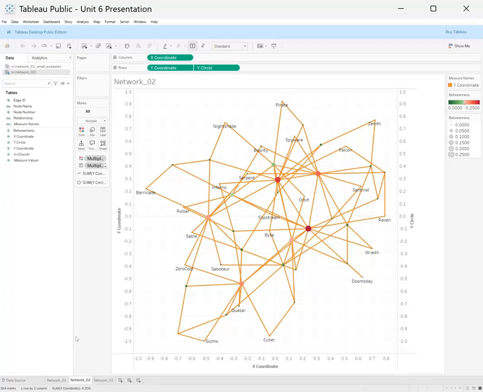Let's first look at the Network 2 dataset. This dataset represents a moderately robust network of nodes with connections and betweenness centrality indicating each node's importance in maintaining communication flow.